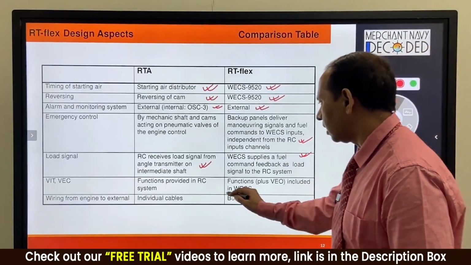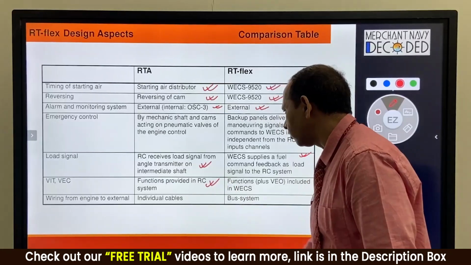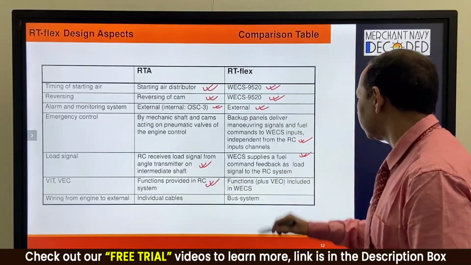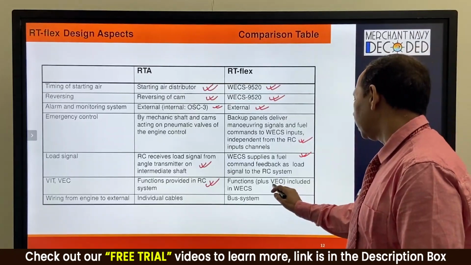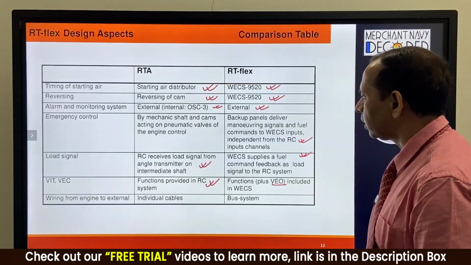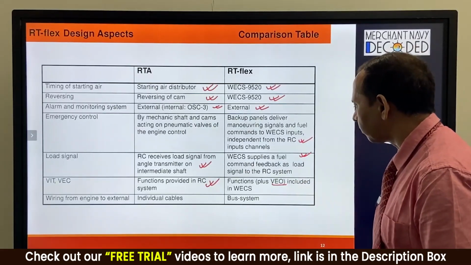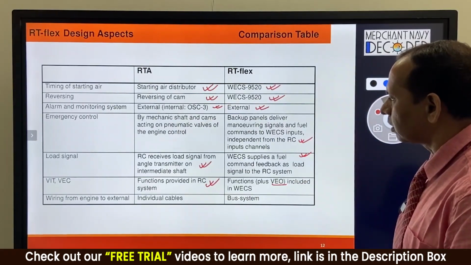Then VIT and variable exhaust closing function is provided by the remote control system. Here variable exhaust opening is also included apart from variable exhaust closing, and all these functions are software controlled by the VEX controller.